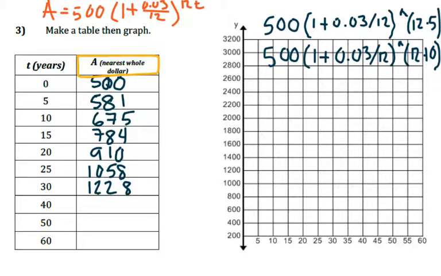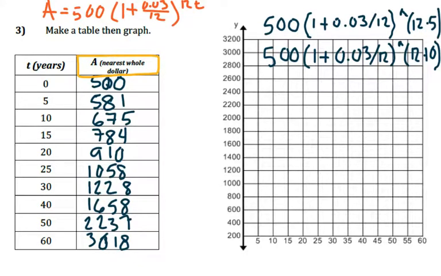After 40 years the account balance would be $1,658. And after 50 years, it would be $2,237. And after the 60 years, it would be $3,018. Now remember, we're rounding all of these to the nearest dollar.